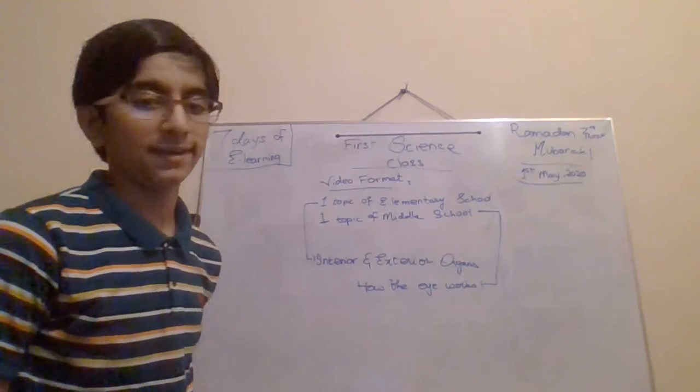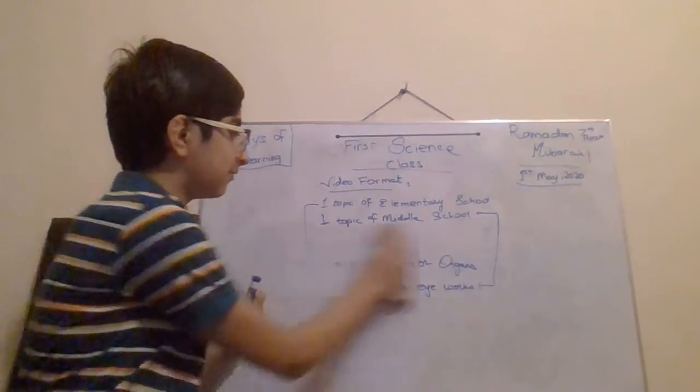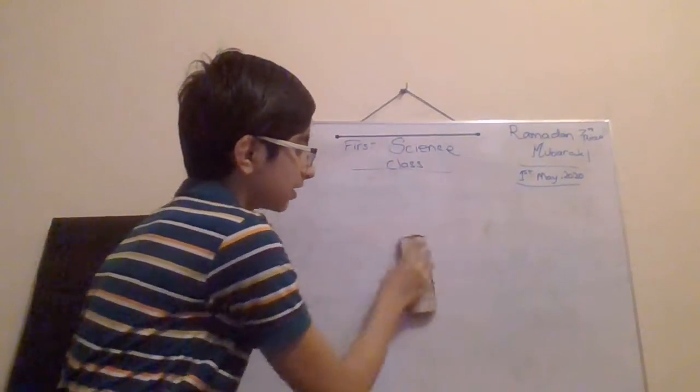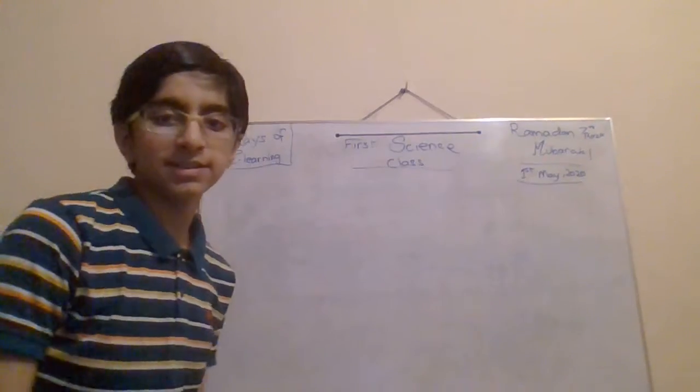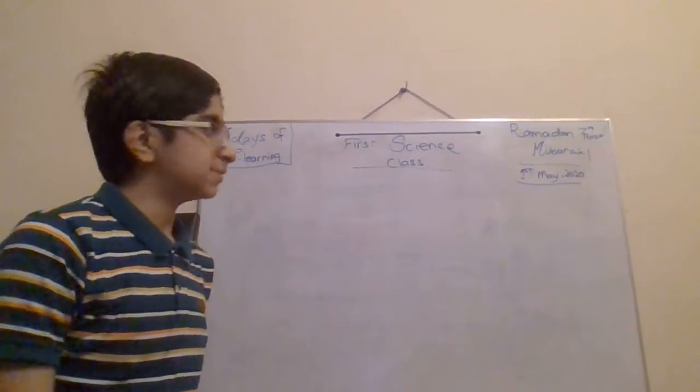First, we will do interior and exterior organs. So let us learn what are interior and exterior organs. Interior and exterior organs are basically two types of organs.